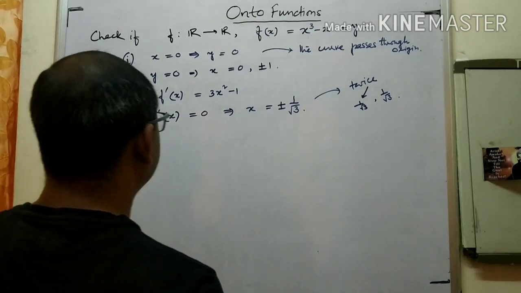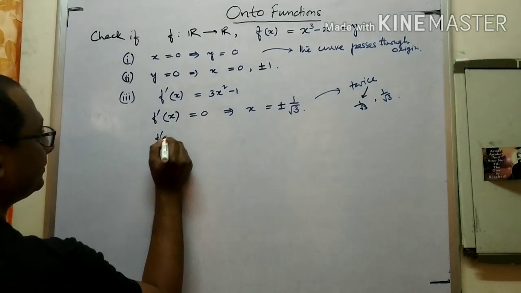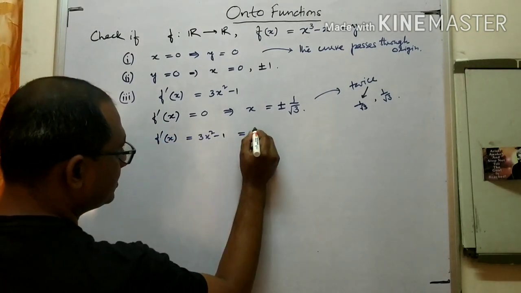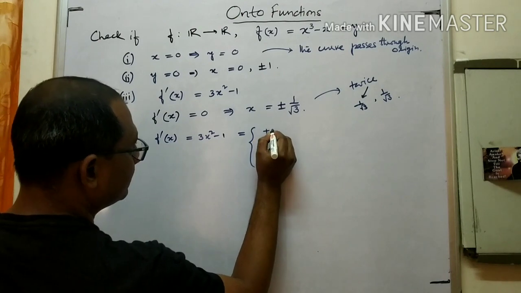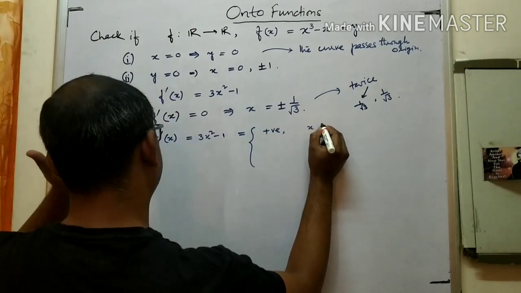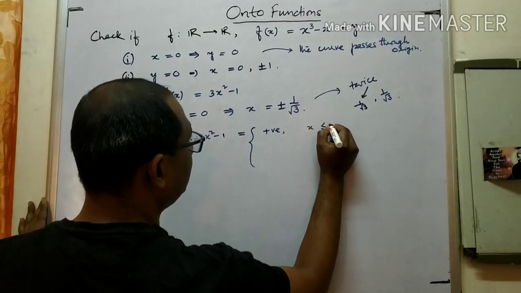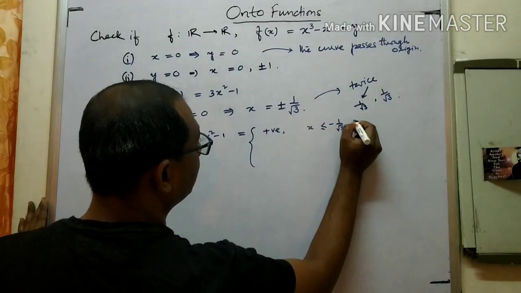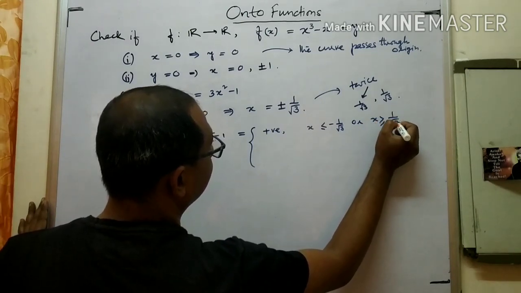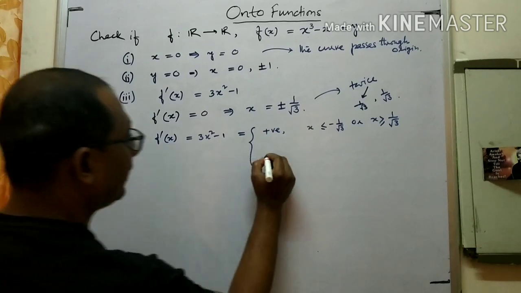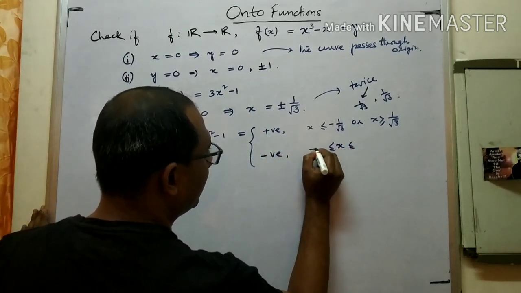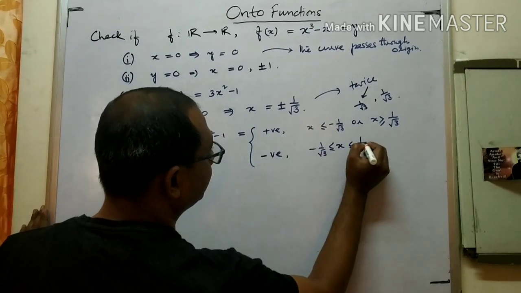Again, f dash x, 3x square minus 1, is positive when x is less than or equal to minus 1 by root 3 or x is greater than or equal to 1 by root 3, and negative if x is lying between minus 1 by root 3 and 1 by root 3.